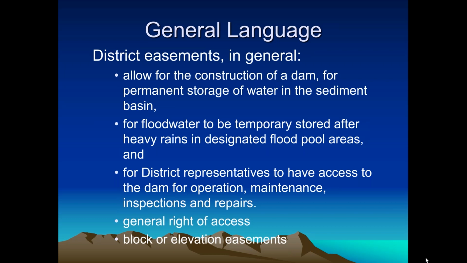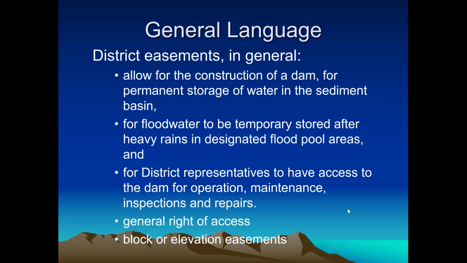And then also, a lot of the easements are what we call block easements, where you may have a whole quarter section listed, or the other way that some of them are, they're elevation easements. So they're based on elevation in the easement, and then of course you'd have to get the work behind that to show people where the easement lines are.